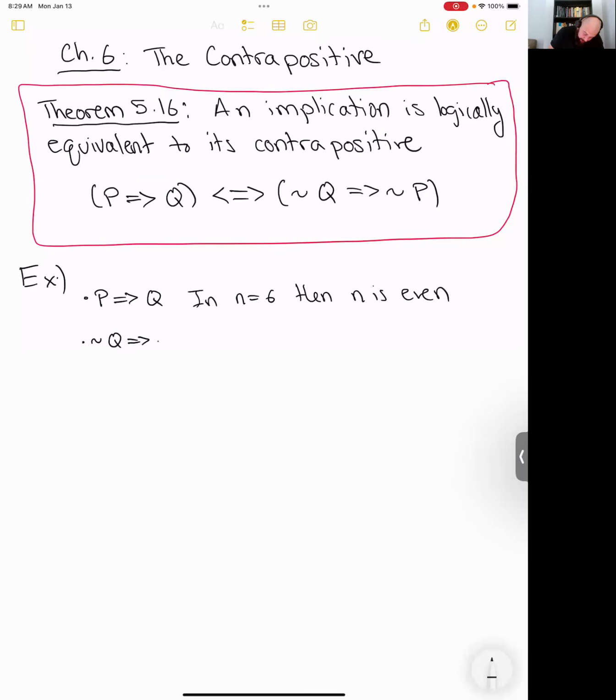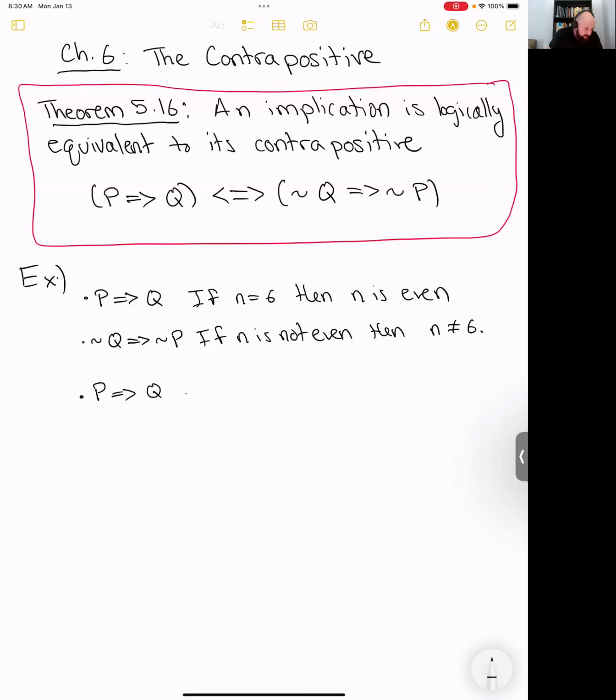So the contrapositive says, oh, this should have been if, not in. So this says if n is not even, then n is not equal to 6. And that's also true, right? Okay, great. That's our first example. Let's keep going.